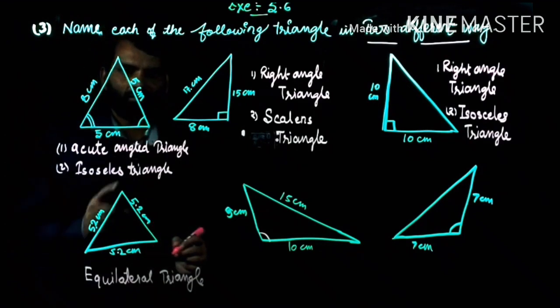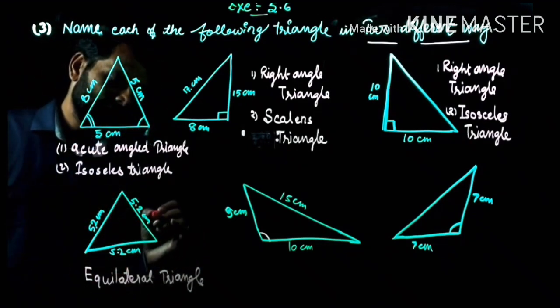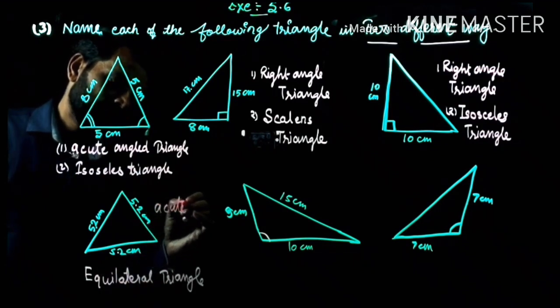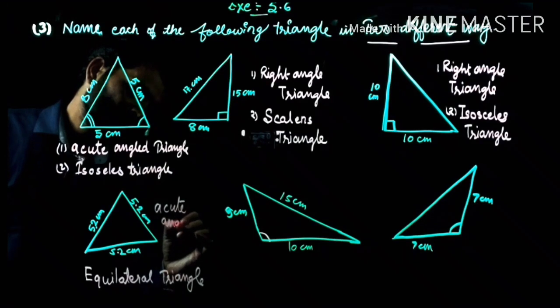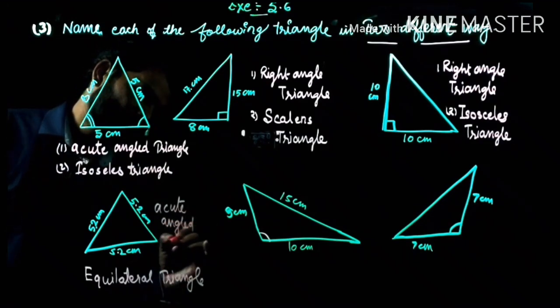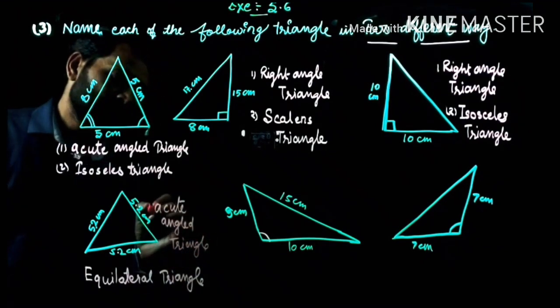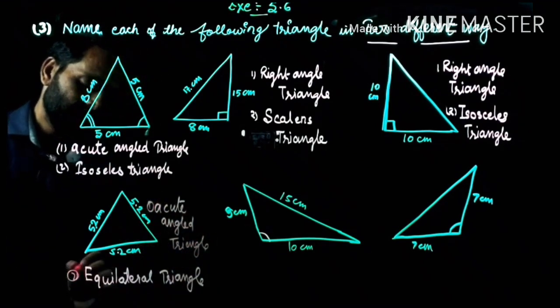And all angles are below 90, so this name is acute angle triangle. Okay, the acute angle triangle is the first name and equilateral is the second name.